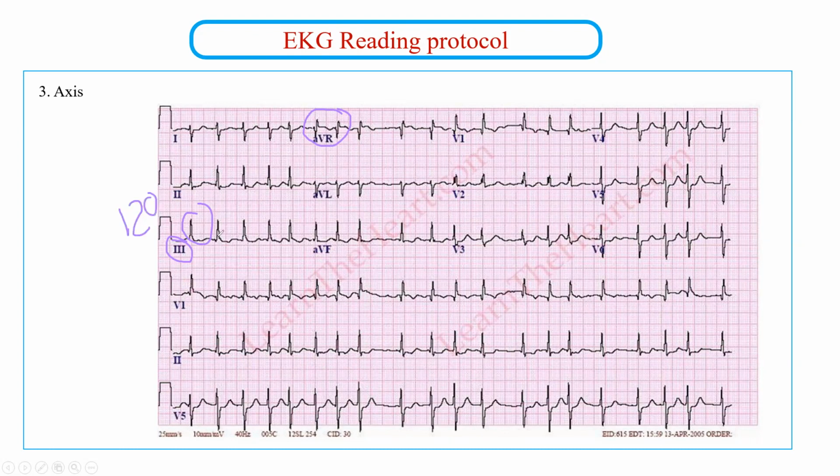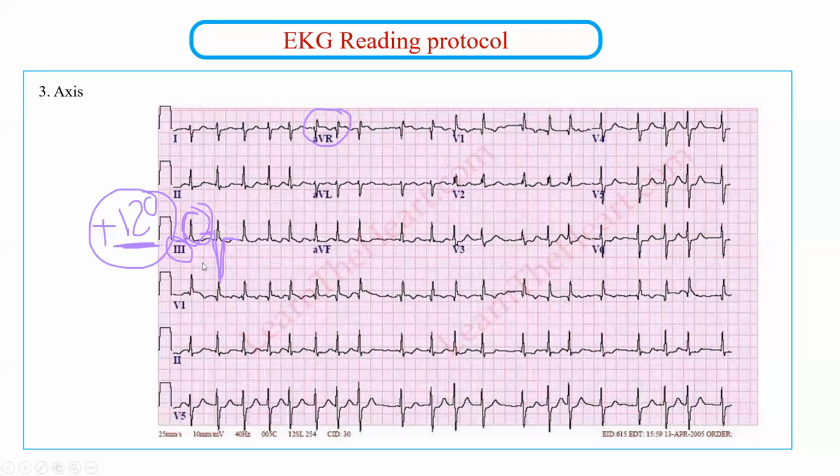Now if lead 3 was negative, we would take the angle at the tail of lead 3, which will be minus 60. But it's positive here, so we take the normal angle at the tip of the arrow, not at the tail, which is positive 120. So this patient has right axis deviation.